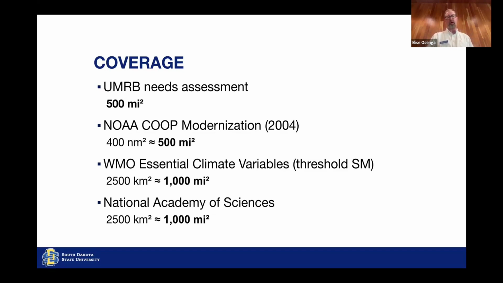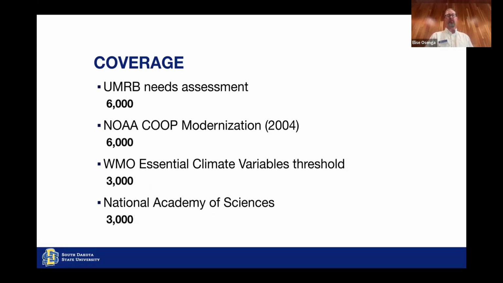The NOAA co-op modernization from 2004 came in at 400 square nautical miles, which is about 500 square miles. And both the essential climate variables threshold for soil moisture that I just had up, and also the National Academy of Sciences came in at 2,500 square kilometers, which is about 1,000 square miles.